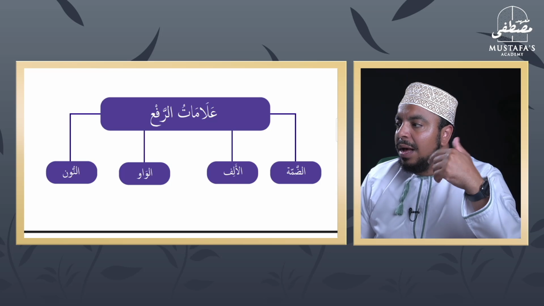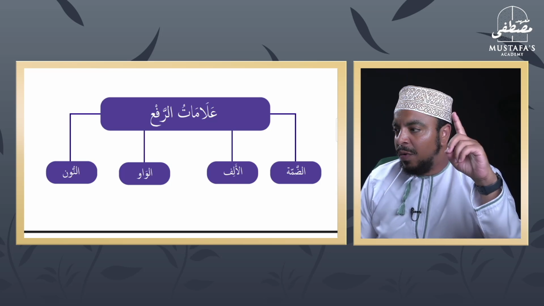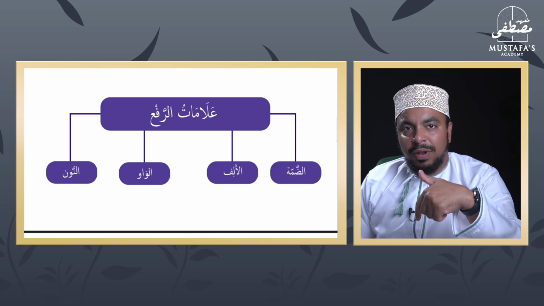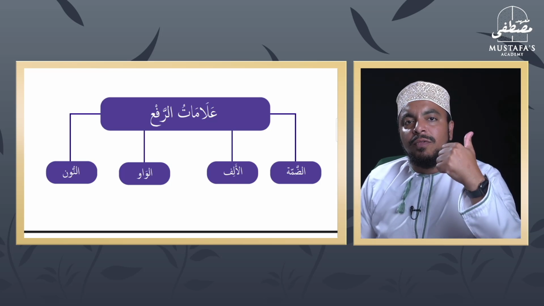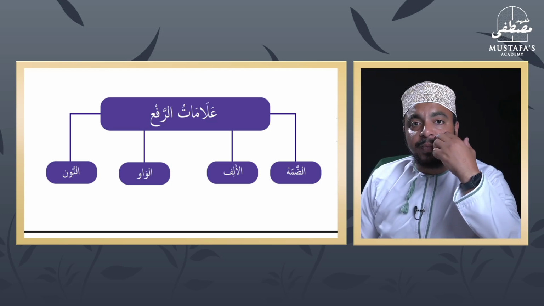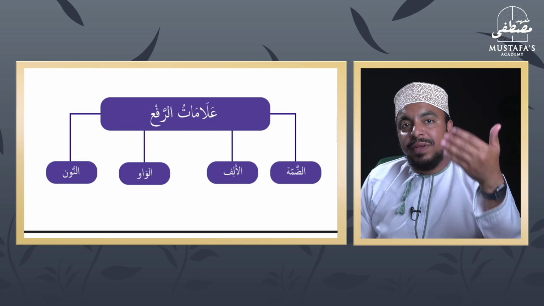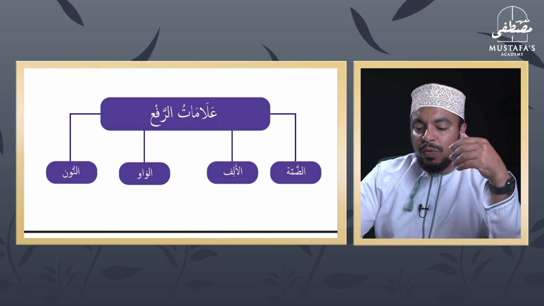Just a little recap. Alamatul rafa', and perhaps if you see a card popping up somewhere, or maybe you look at the description below, you find a whole playlist of Al-Ajrumiyyah, as we've already started. This is Al-Ajrumiyyah. If you go to the previous classes, it allows you to build up to this class itself. So don't just watch one class, do go through all the rest of the other classes.